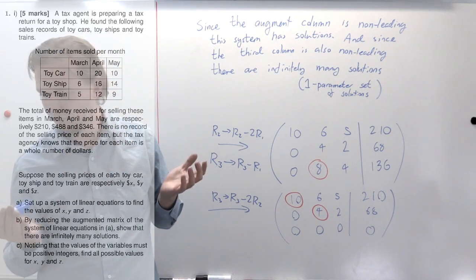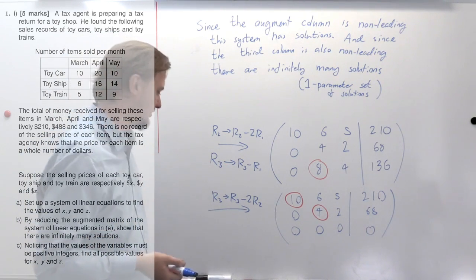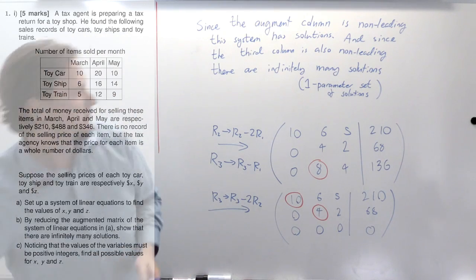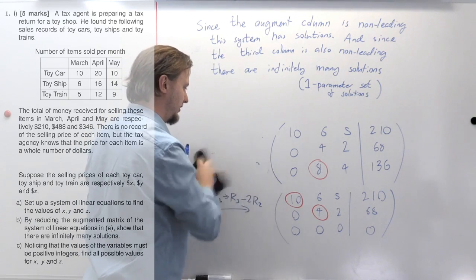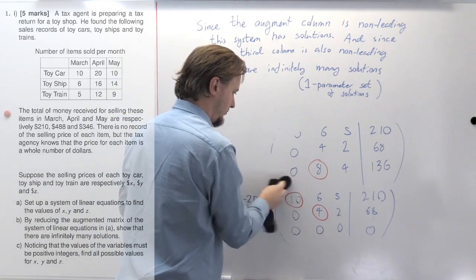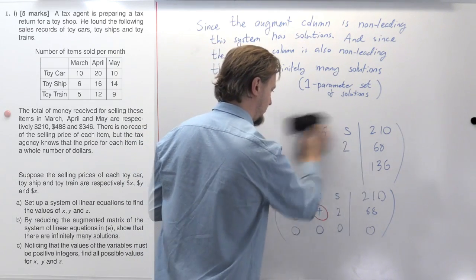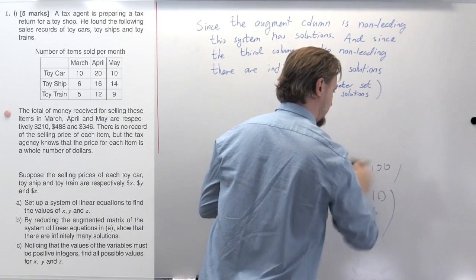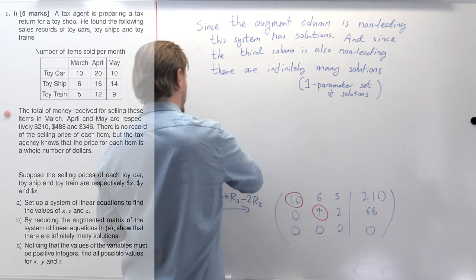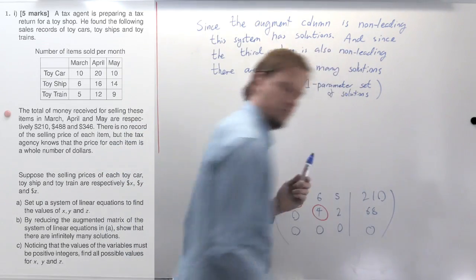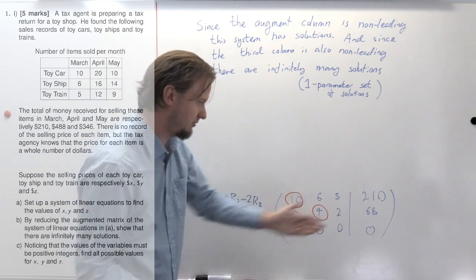But since we need to actually do some solutions in part C, I think I might as well just give you the parameterized family. So let's go a little bit further than this and actually work out what these solutions look like. So we know there are infinitely many solutions with one parameter here.